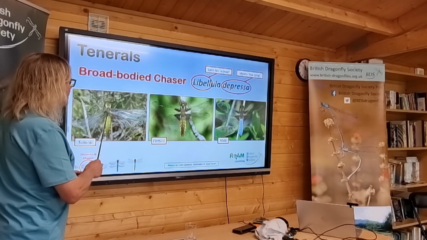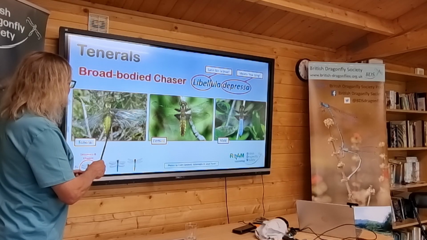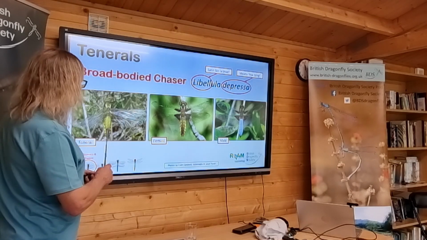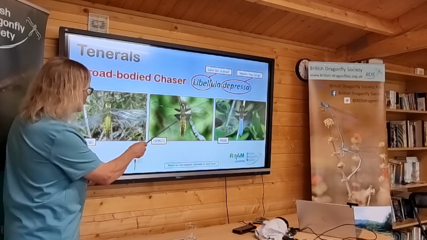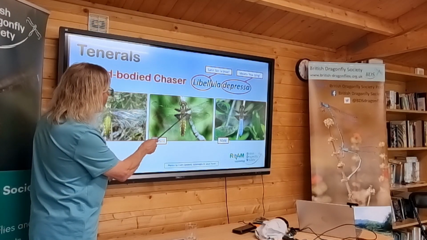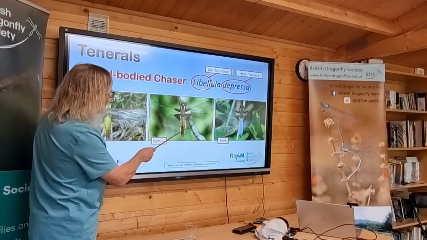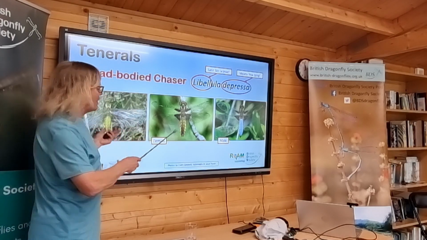All chasers have got dark sections here, which get darker as they get older. So as they mature, the female tends to remain yellow and slightly darker here, and the darkness just expands a little bit more. But obviously nothing changes in the morphology. The shape of it is pretty much exactly the same.